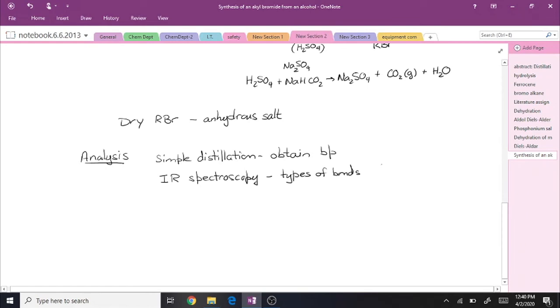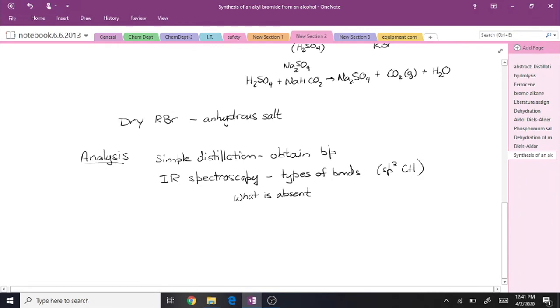And so seeing specifically sp3 hybridized carbon-hydrogen bonds is not going to be very instructive as to whether or not we made our compound. The carbon-bromine stretching frequency tends to be in the fingerprint region, so it's easy to confuse that with other peaks or not observe it.